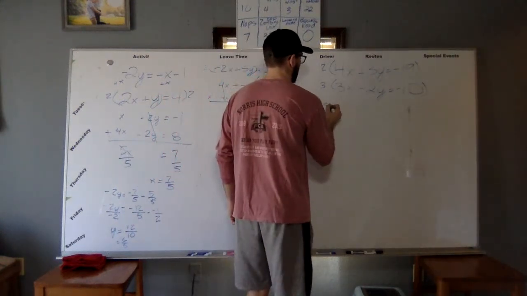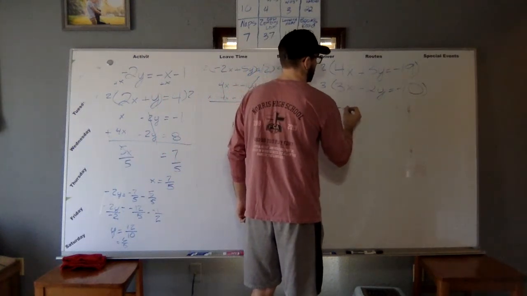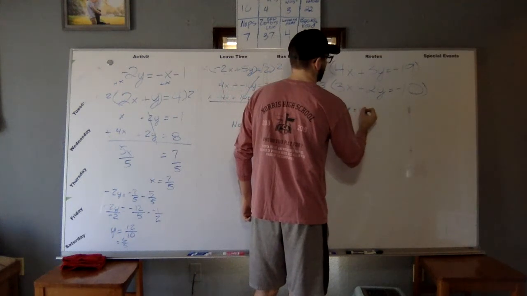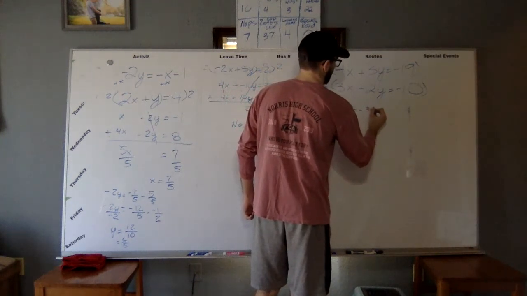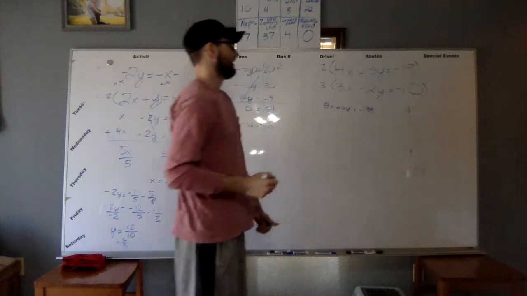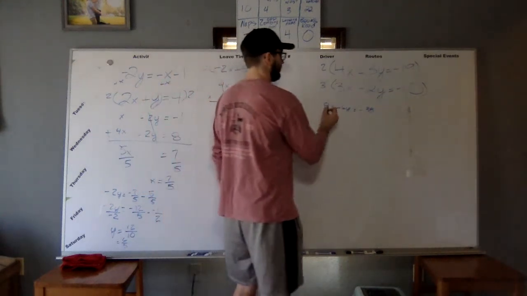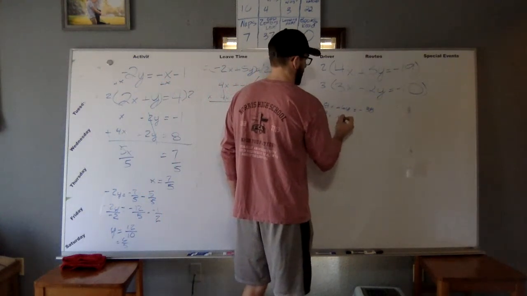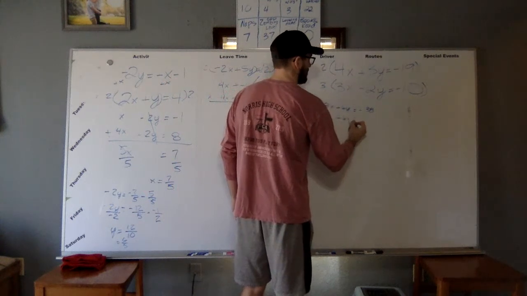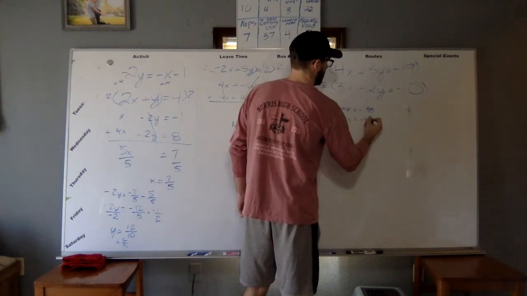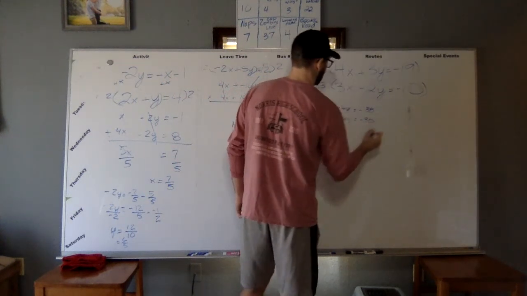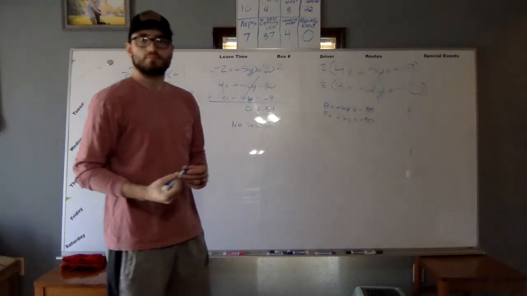So what I get is 8x plus 6y equals negative 38. Okay? Second equation is going to be 9x minus 6y equals negative 30. Okay?